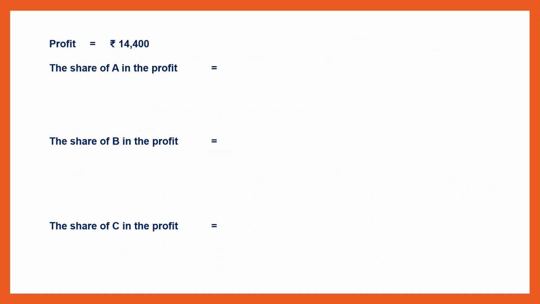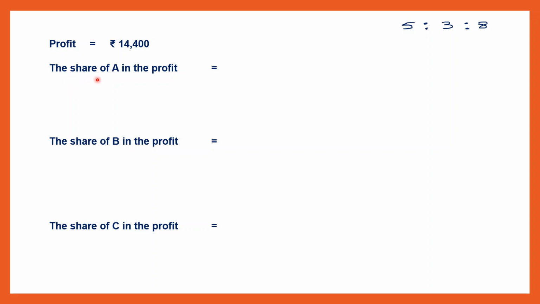So we have a profit here and we are going to find the share of A, B and C. What is the ratio that we got? The ratio that we got was 5 is to 3 is to 8. So 5 is for the first person A, 3 is for the second person and 8 is for the third person. We're going to keep this in mind when we work this out.